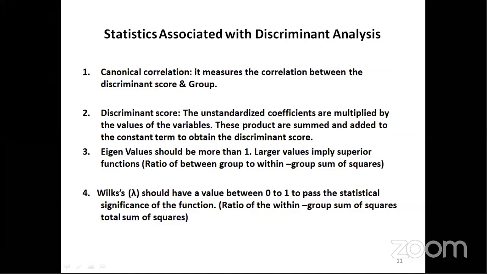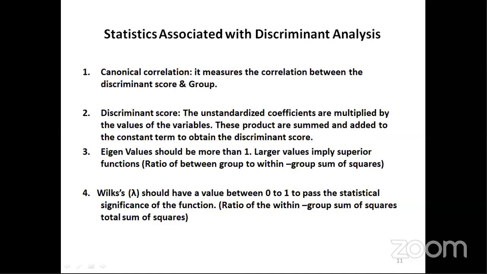Now here also we are required to estimate the eigenvalue for each function. That eigenvalue for the function will explain its power. अगर ज़्यादा है तो इसका मतलब that function has more power and it should be more than 1.